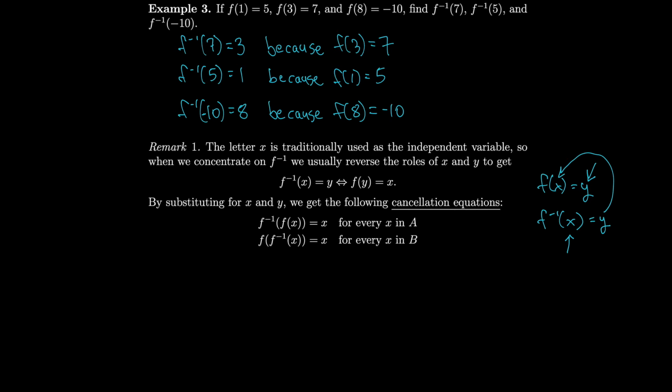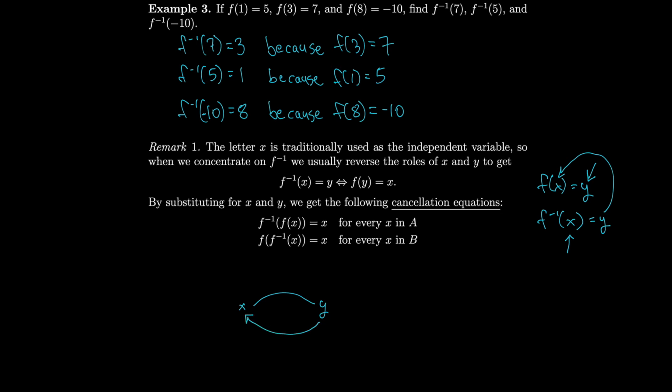Okay, so by substituting for x and y, we get the following cancellation equations. This means that if we take f and then we take f inverse of f, then it returns the x that we started with. So it's kind of like we go from x to y, but then we go back from y to x.